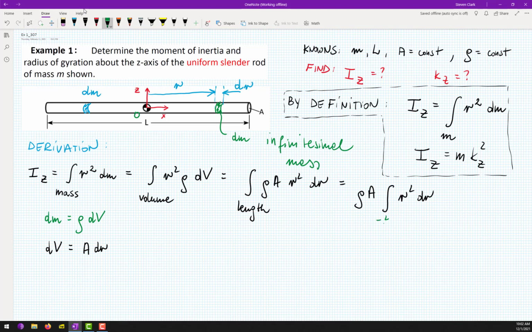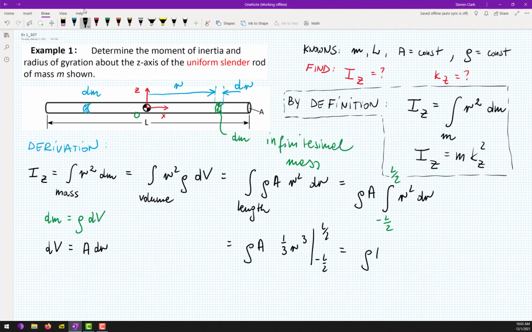Yeah, from minus L over 2 to L over 2. Exactly. And I think we know how to solve that integral. I think I remember even how to solve it. So this will be rho a 1/3 r cubed from minus L half to L half.